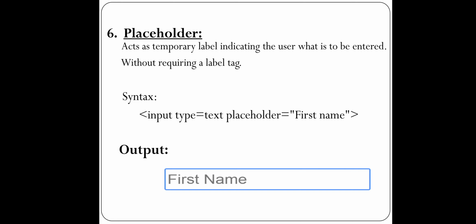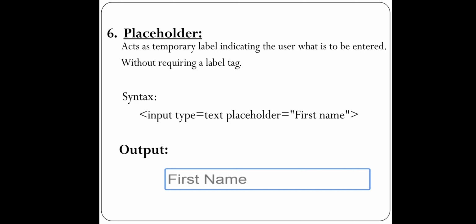See, here also in the text box there is a value, but in read only that value cannot be changed, and here it is just hinting. The first name which you observe in the box is not its value, it is just hinting what is expected. So why do we give a label to some text box or some controls?